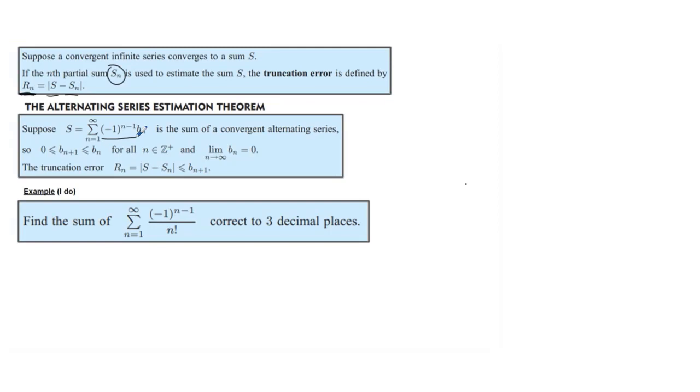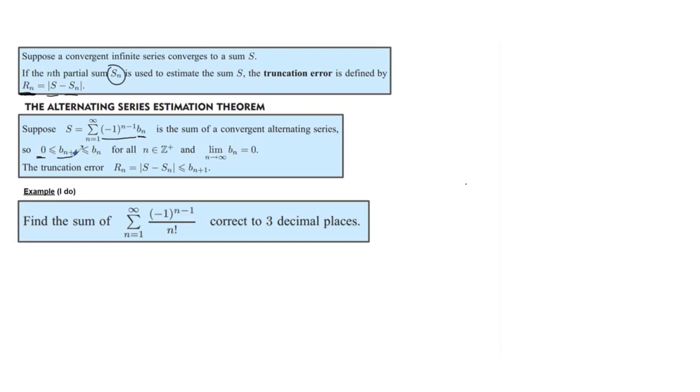To be a convergent alternating series, you need to pass these tests. All the terms need to be positive. That's just the terms in the Bn part, not the minus 1 bit that affects the sign. All of those terms need to be positive, or not negative anyway.